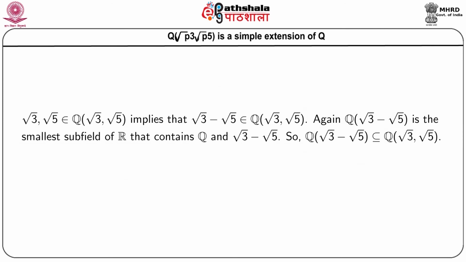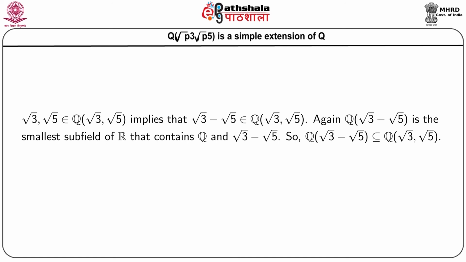Now, we show that there may be field extensions which are simple, but not explicitly in the simple form. For example, consider Q(root 3, root 5). Actually, this is a subfield of R generated by root 3 and root 5 over Q. So, it seems that it may not be a simple extension since it is generated by two elements, not by a single element.